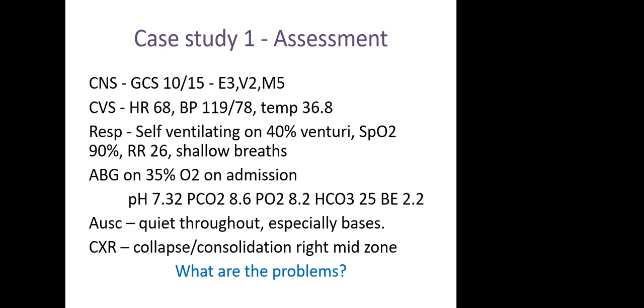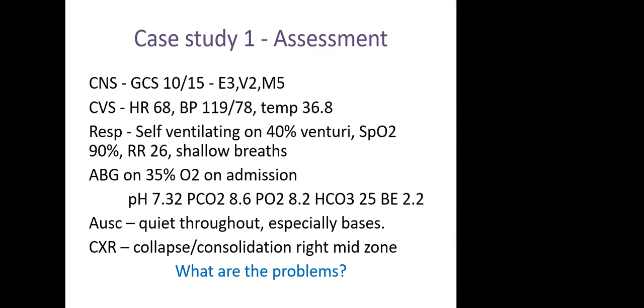They're opening eyes to pain, verbalizing incomprehensible words, and some flexion movements. They've got a heart rate of 68, blood pressure 119/78, temperature 36.8, so things looking fairly stable there. They're currently on a 40% Venturi mask, self-ventilating, SATs are 90, with a respiratory rate of 26, but you notice they've got shallow breaths.